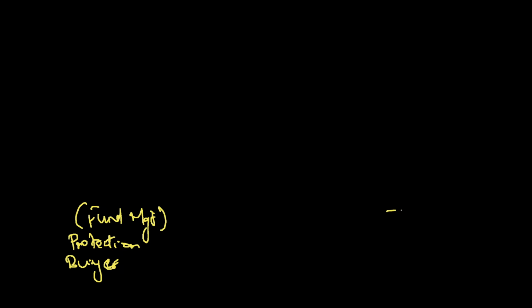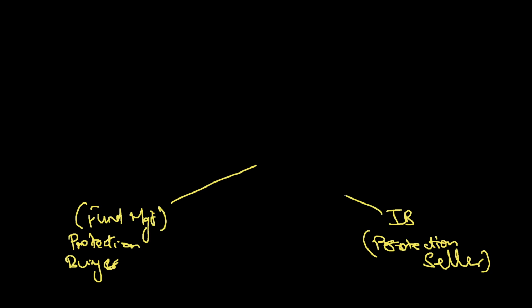The next one is the investment bank, which acts as the protection seller. The first step is to structure the transaction and see if it is viable or not. So the first step is the trade initiation stage.